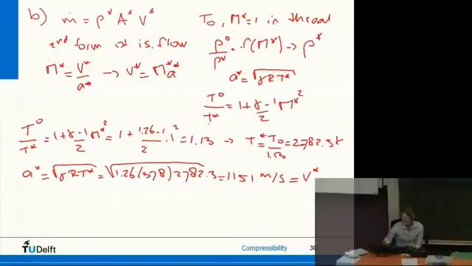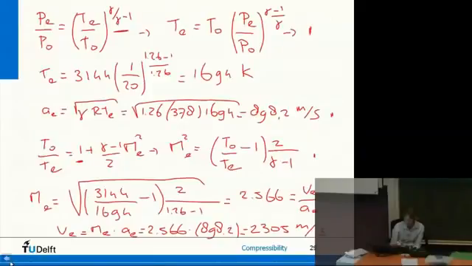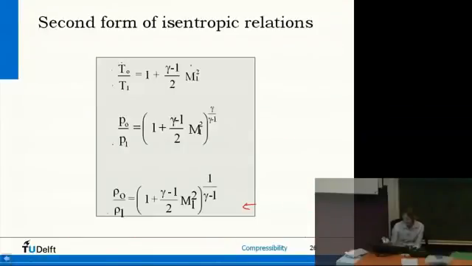Now we only need rho star. And for that we're going to use this one. You could also do the P, of course. Use this, the pressure, and then the equation of state, but that's 2 steps.